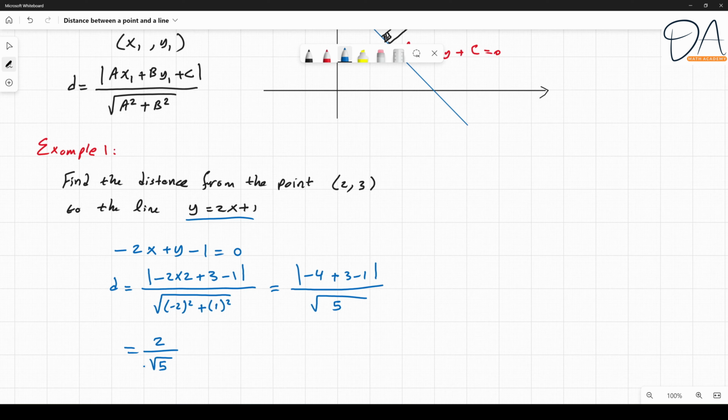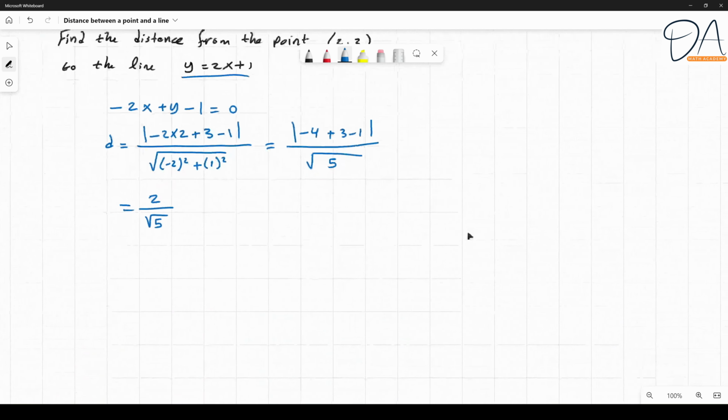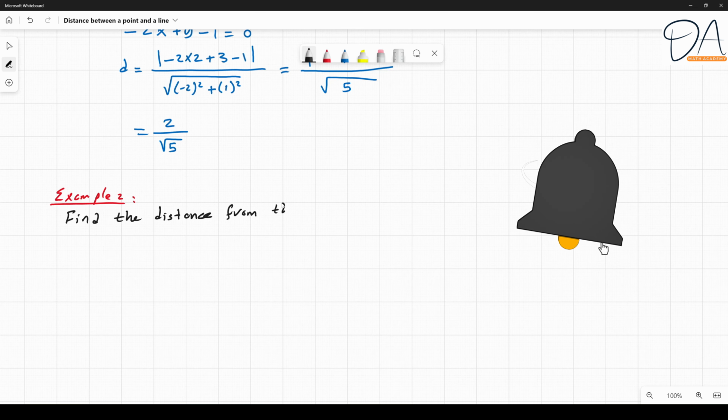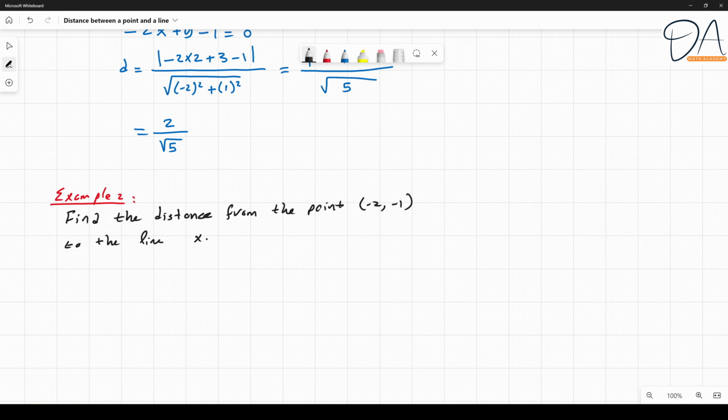Let's look at the second example. Our second example is to find the distance from the point minus 2, minus 1 to the line x equal to 2. Now what we notice here is that the line that we are given in this example is a vertical line.